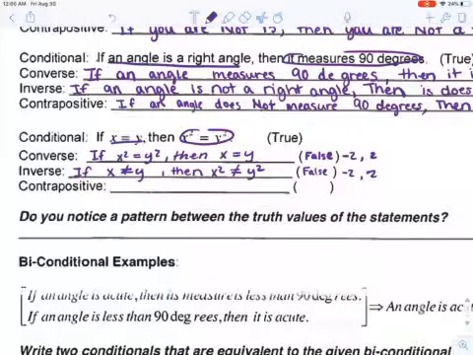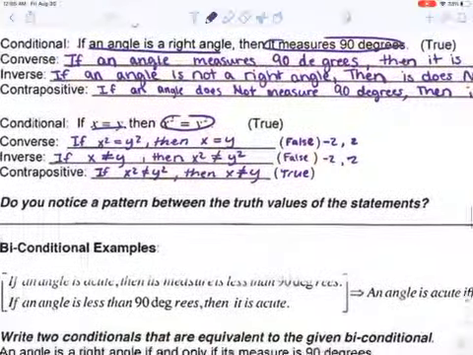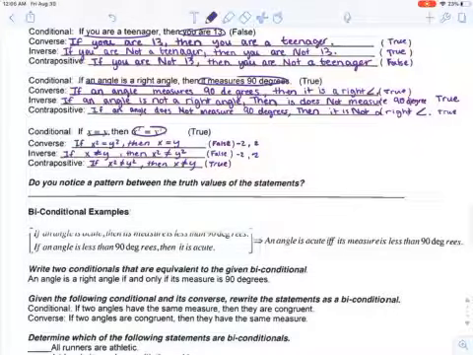Last, we get our contrapositive, flip not. If x squared does not equal y squared, then x does not equal y. This is true. Do you notice a pattern between the truth values of the statements?